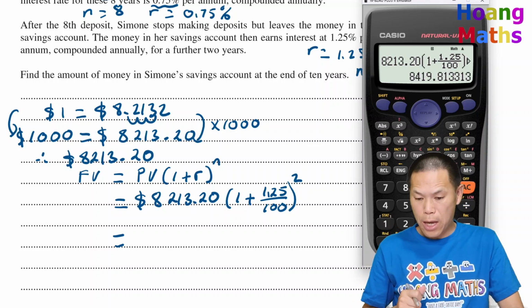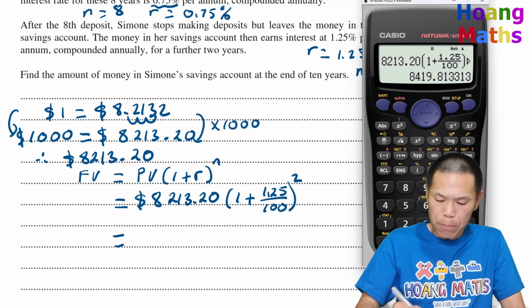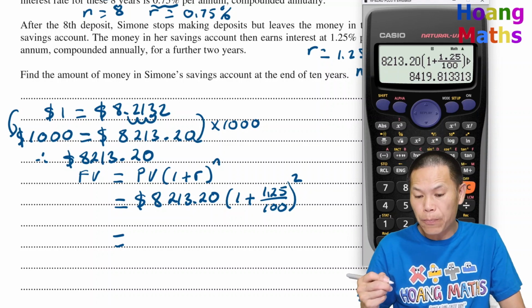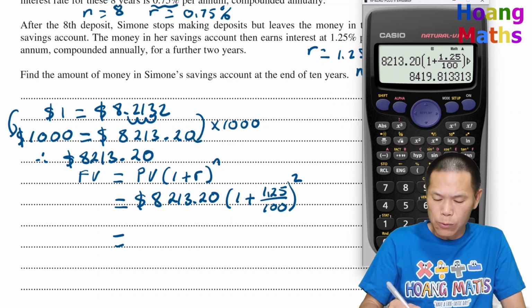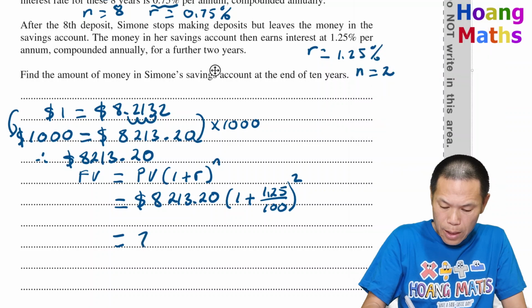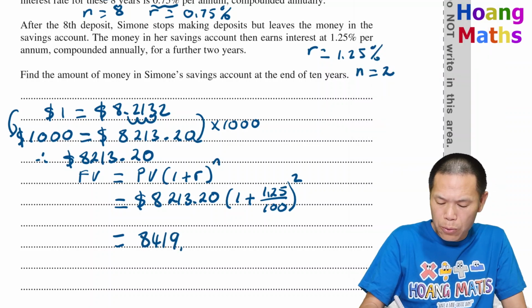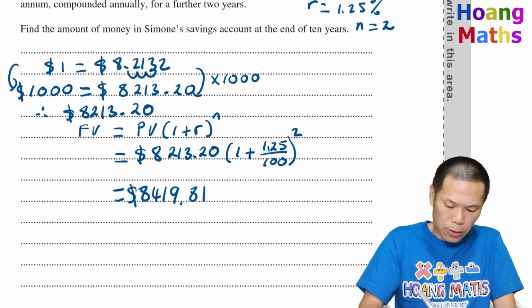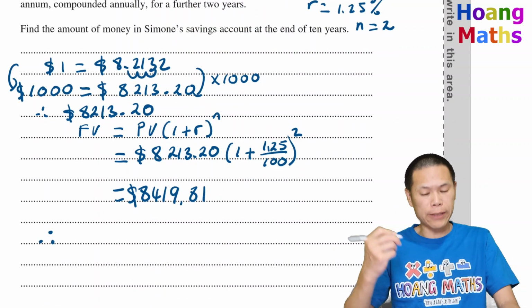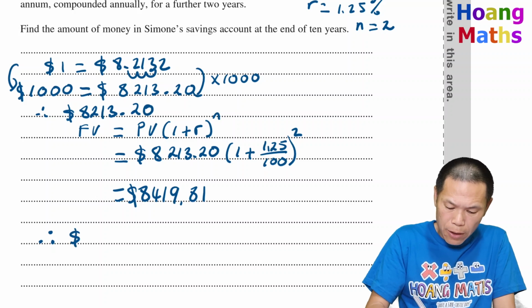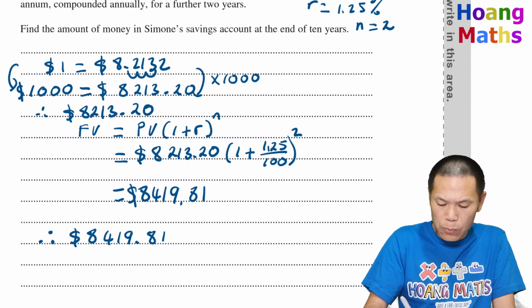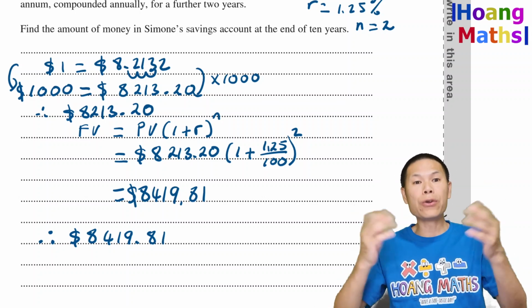So there you go, 8419.81, correct to 2 decimal places. $8,419.81. So therefore, at the end of 10 years, she will have $8,419.81. So there you go.